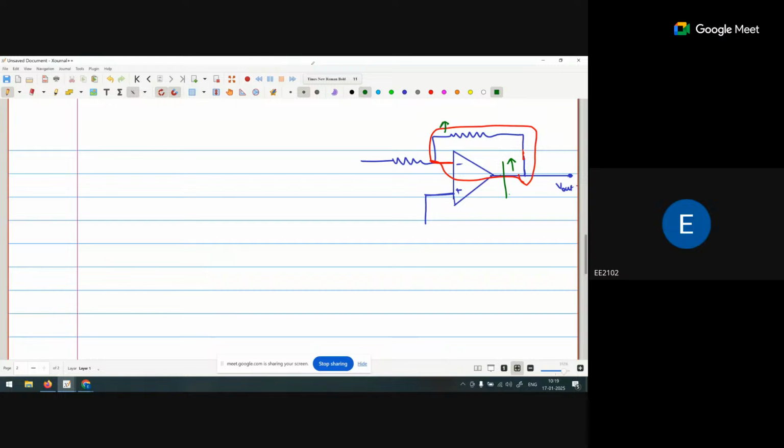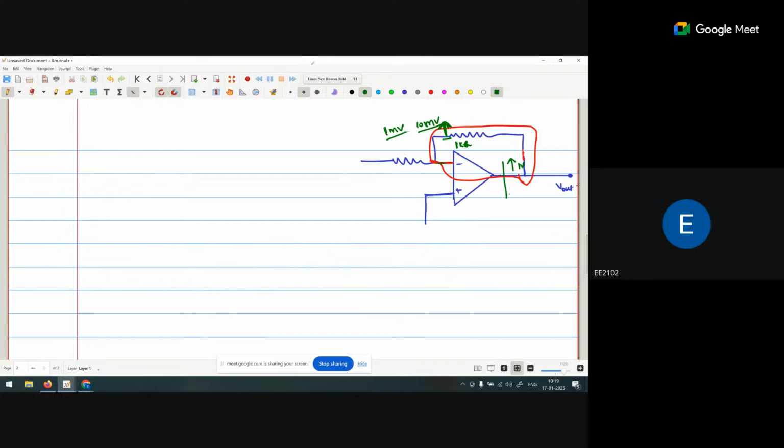For example, I change the voltage by 1 volt, the resistance is 1 kilo ohm. Maybe the voltage drop here is 10 millivolt or 1 millivolt, but it is always in a positive direction.